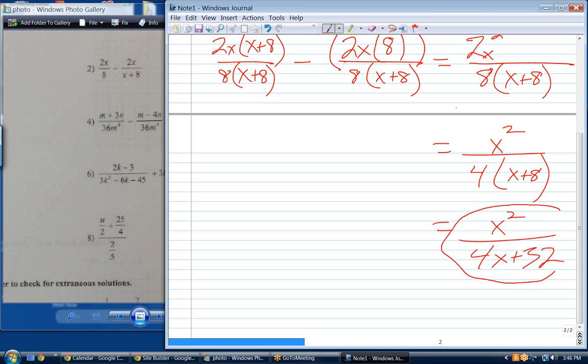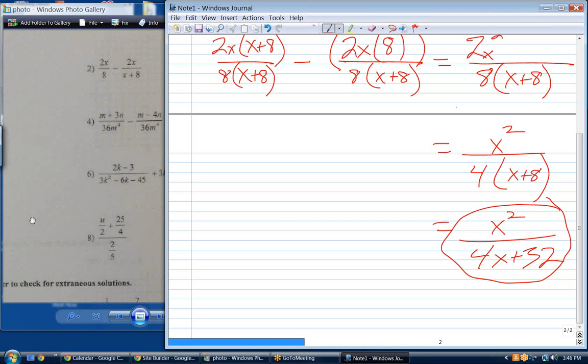Maybe somebody likes that answer better, but I can't simplify it any further. Cannot do anything with the x squared and the 4x. The reason is there's this 32 being added to the 4x. Once you add a number to the variable, you can't any longer cancel it out with that x.